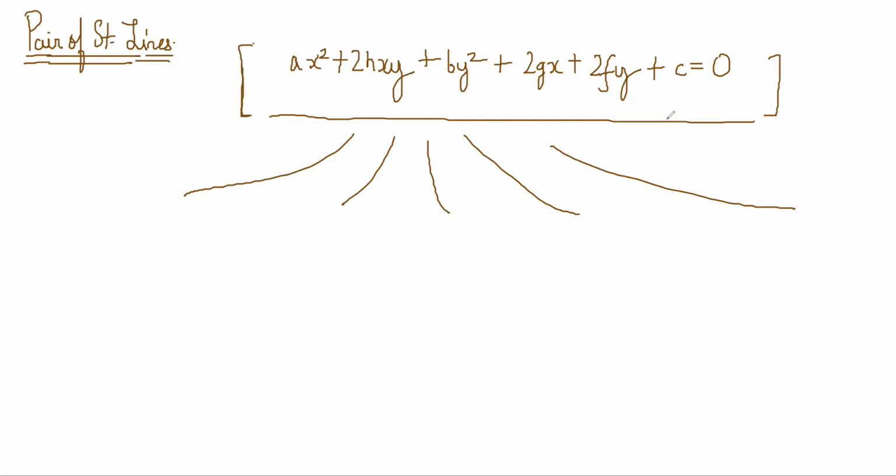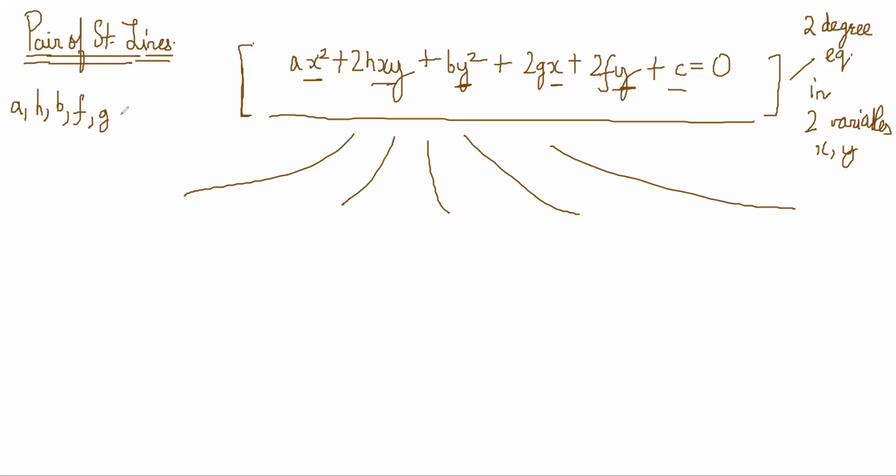So all of SL Loni is basically a study of this equation, a 2-degree equation in 2 variables. The 2 variables are x and y, and see that there are 2-degree terms here. There are 1-degree terms, and there is a constant term, right? Here A, H, B, F, G, and C are constants. And this is my general equation.